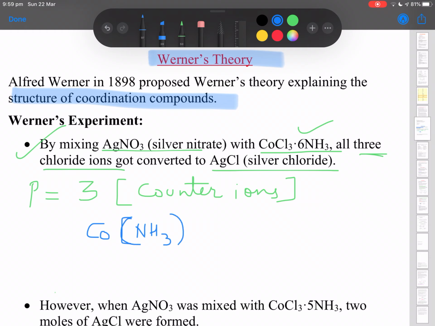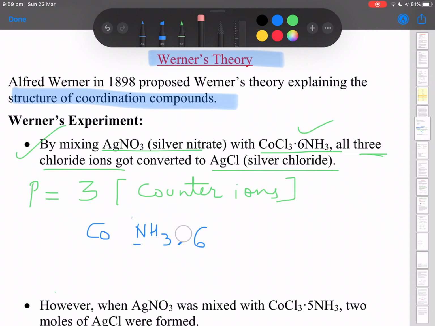I'm going to use round brackets for it because I have a number here, that's 6. Ammonia, or we call it amine, so don't get confused. Ammonia or the amine, the term I'm going to use as a ligand, I have already made clear before in the video.